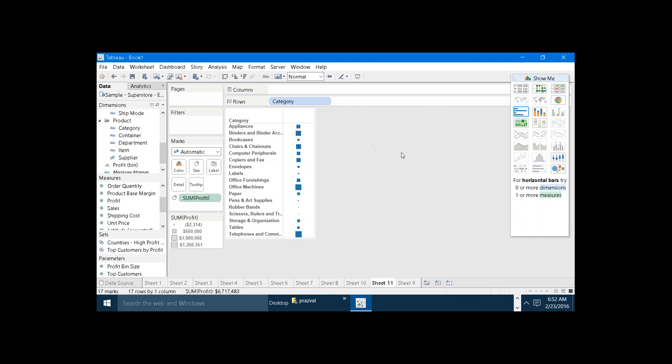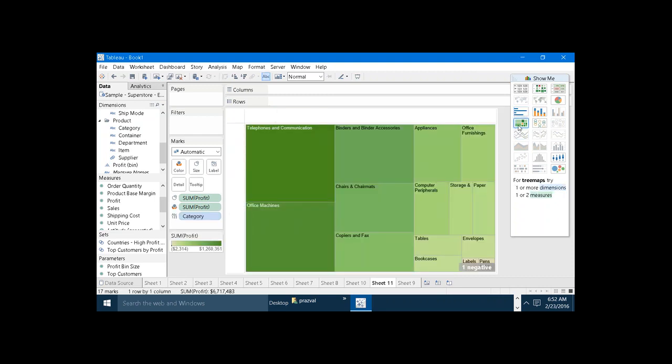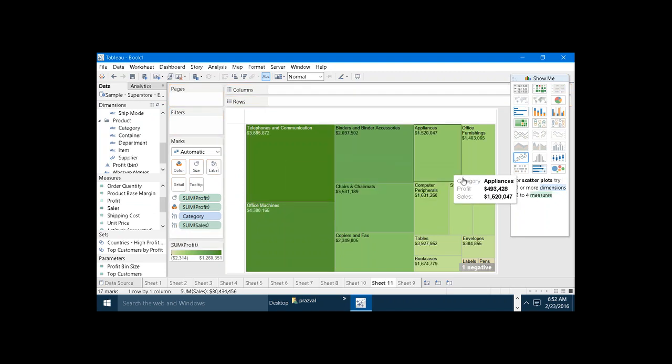What about the tree map? The tree map will display the values in the form of multiple blocks. If you move from left to right, the tree map size will decrease. It will place the categories with higher values on the left side and the lesser values on the right side.